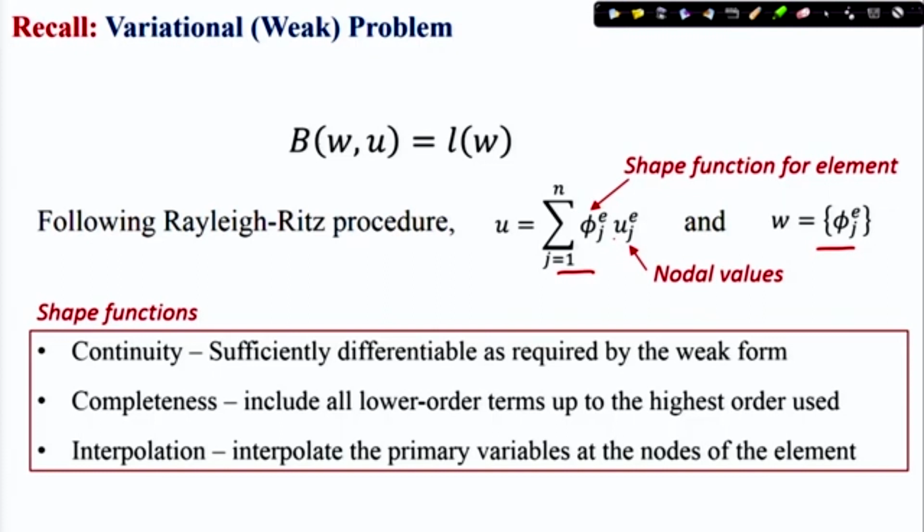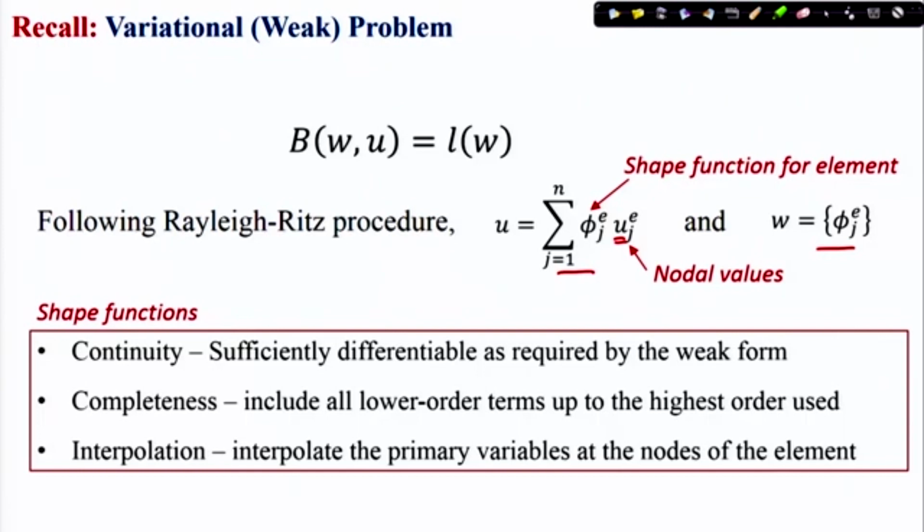The uj are the nodal values at the nodal points, and through this relation we write a function through which the variation of the primary variable can be represented within an element. Now, this variation should be such that when this equation is satisfied at the nodal point, then it should restore the nodal value. That is the interpolation property of a shape function.